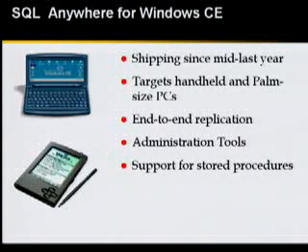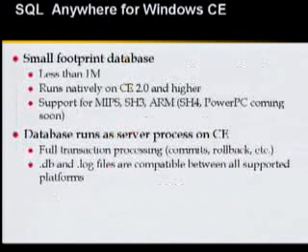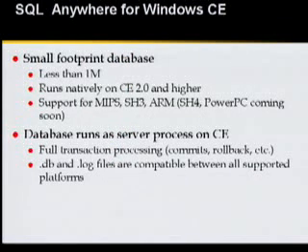Our product is our full engine. It has referential integrity, supports stored procedures, and it's basically the full engine ported to CE. Because it's been a small footprint database from the beginning, the footprint of the engine is less than 1 meg, and that's why we're able to get it onto CE so quickly.